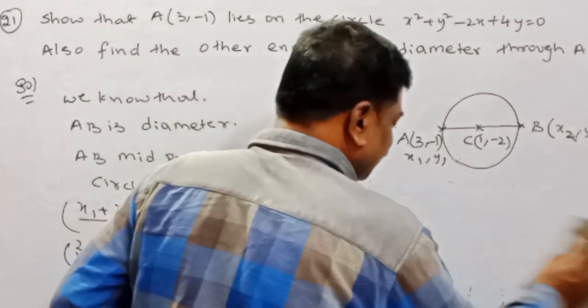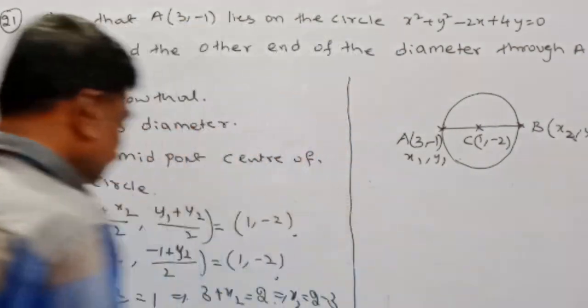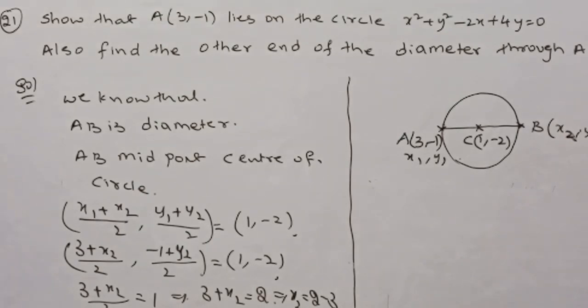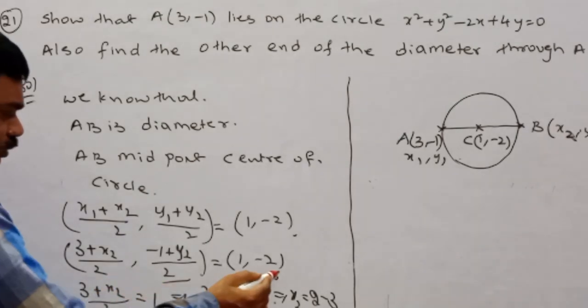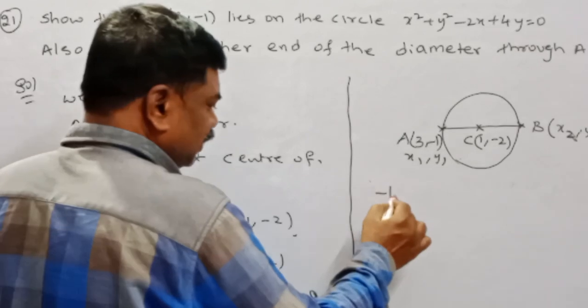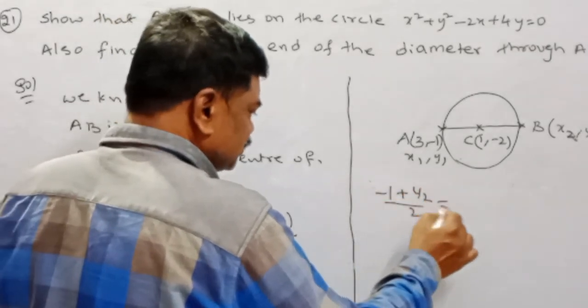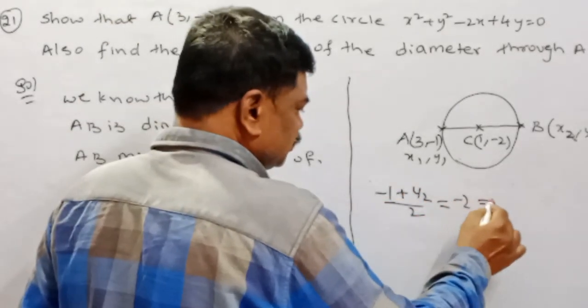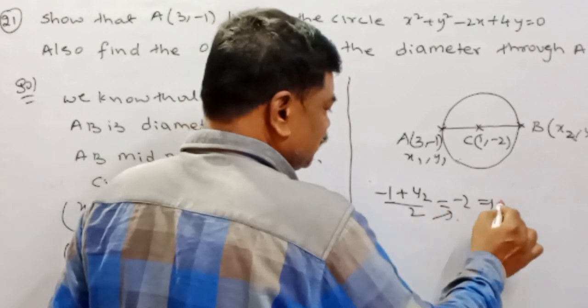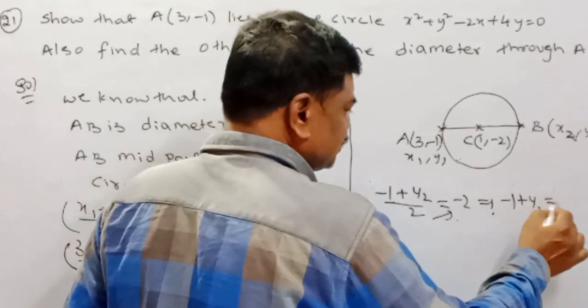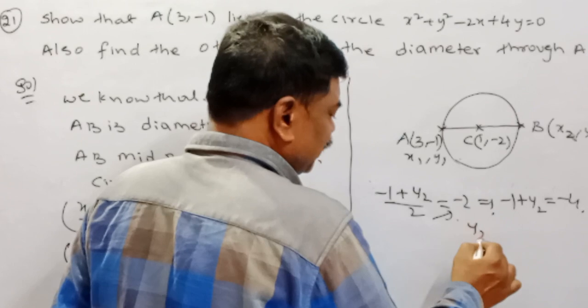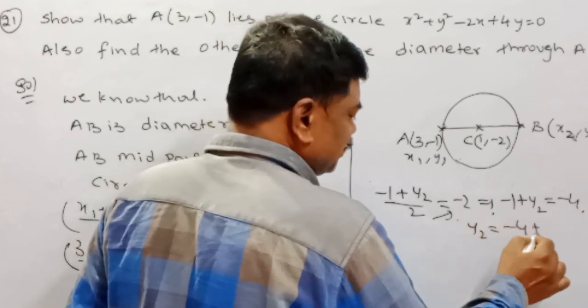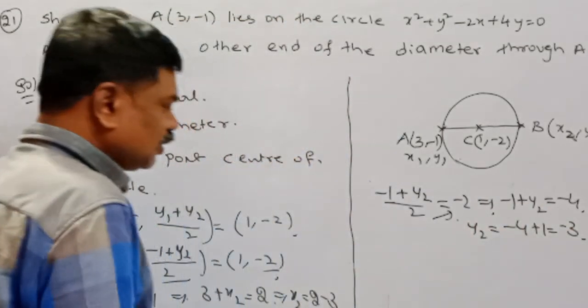Then we have to find y2. Equate the y coordinates: minus 1 plus y2 by 2 is equal to minus 2, which implies by cross multiplication minus 1 plus y2 is equal to minus 4, y2 is equal to minus 4 plus 1 is equal to minus 3.